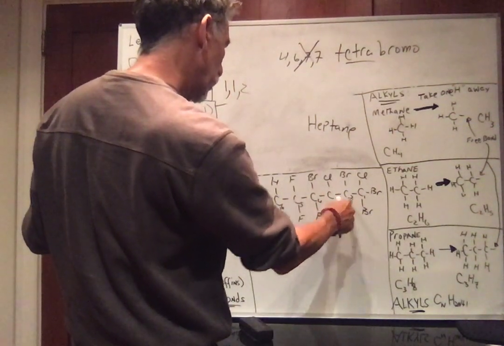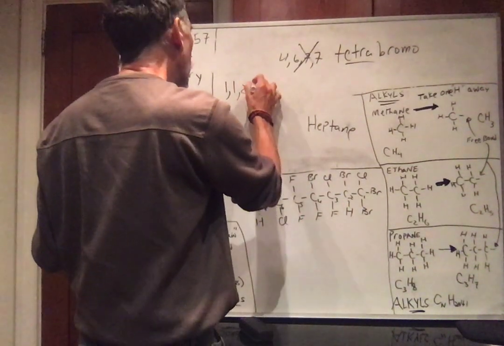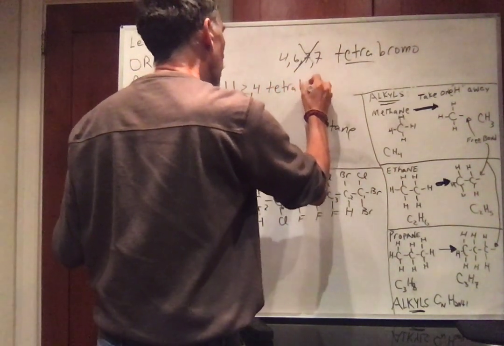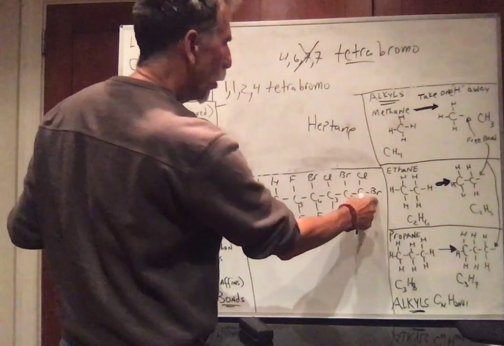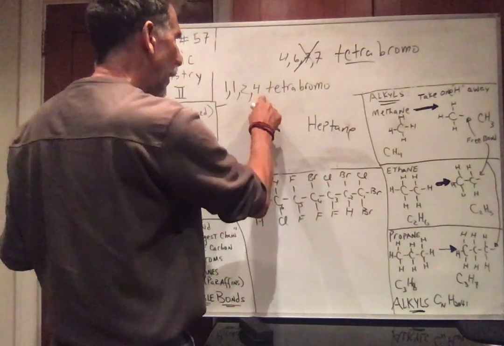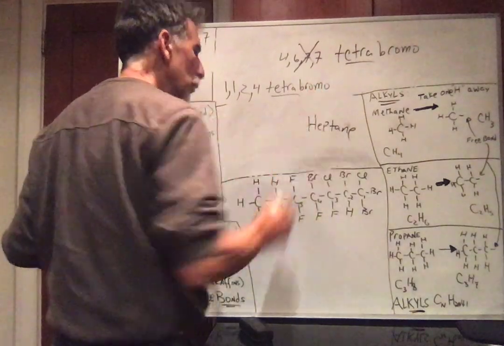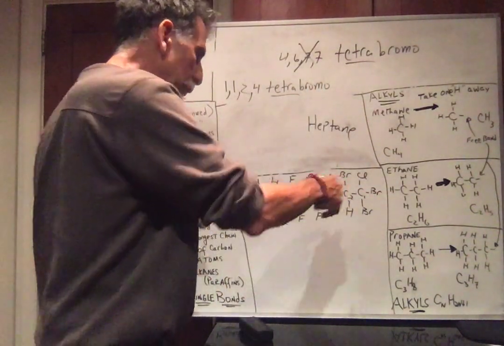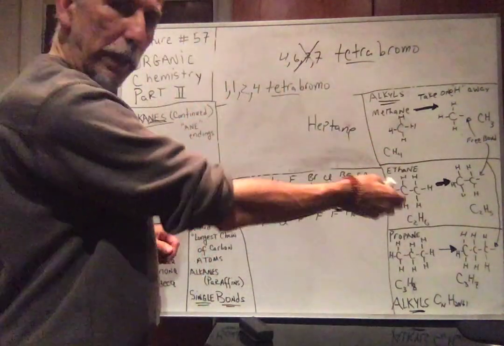Where's the next bromine? There's a bromine on 4. Again, this is tetrabromo: 1, 1, 2, 4, tetrabromo. Now we're counting right to left. You can't now switch and count left to right. This is the way we're counting, right to left.